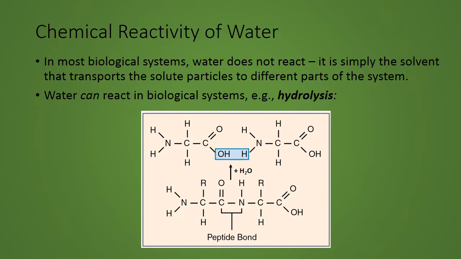An analogous reaction happens in peptides and proteins. The peptide bond between two amino acids can also be cleaved or broken by addition of water, by hydrolysis. You add the water in the presence of the appropriate enzyme, and you can get back the individual amino acids.